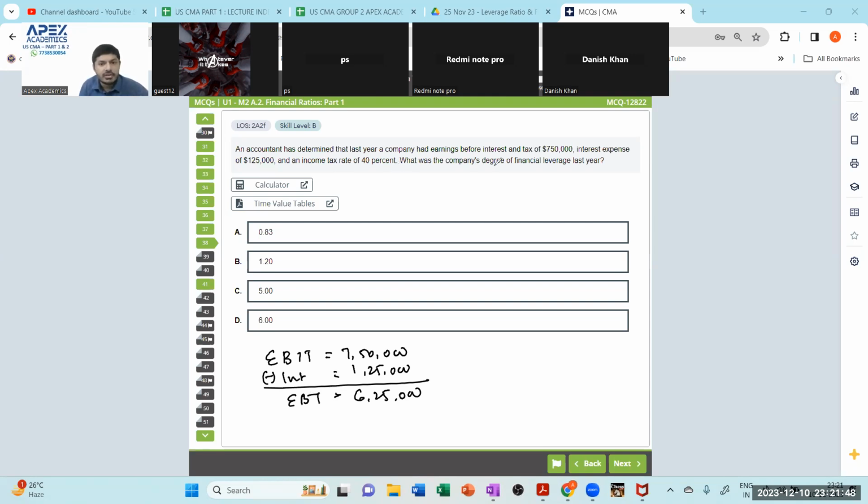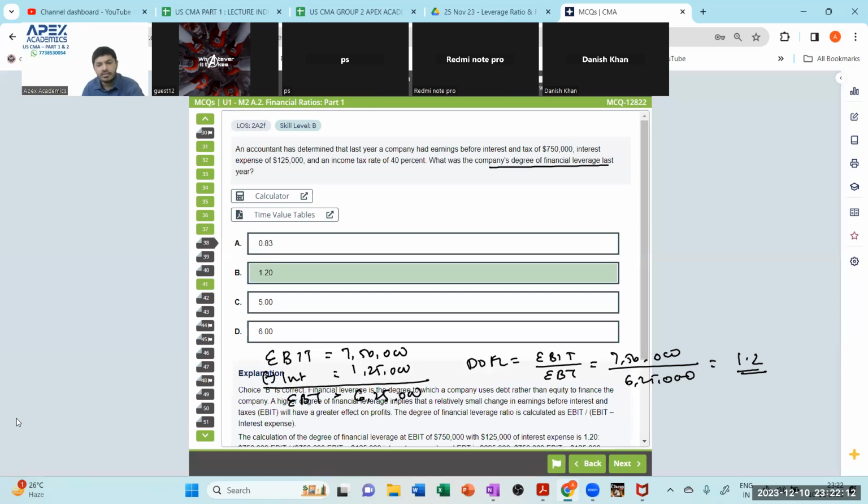Income tax of 40%. What was the company's degree of financial leverage last year? What is financial leverage? The answer is 7,50,000 divided by 6,25,000, which is 1.2. Finished. Simple. Screenshot.